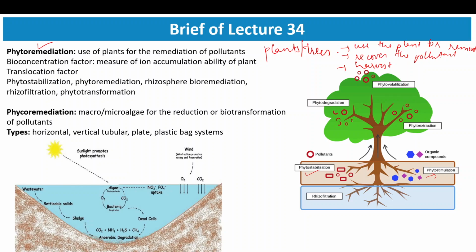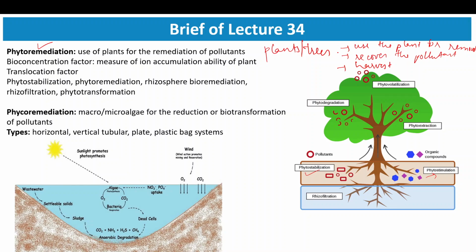Another is phytodegradation, or transformation, where the plants, after the uptake, are able to degrade or change the pollutant into another form which is less hazardous. This is transformation. What is left is extraction, where it is stored inside.